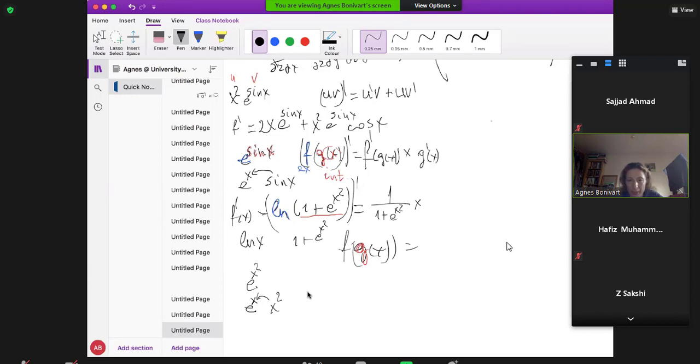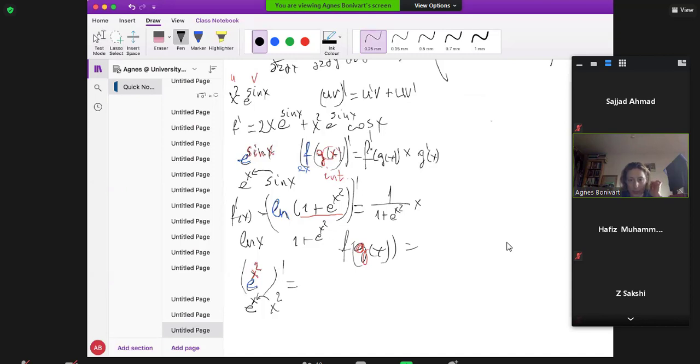We need to identify the internal function. Which one is the internal function? X squared, yes, because this is what we would calculate first. And then the external is e to the x. Let's find its derivative.